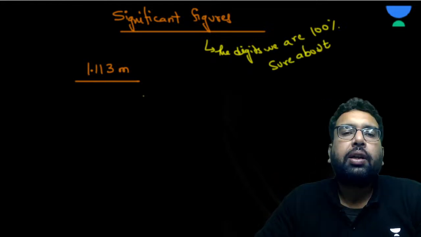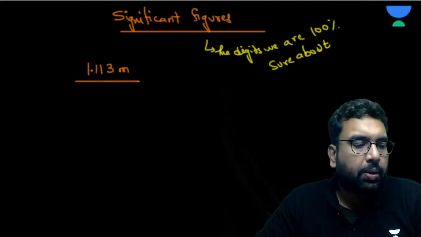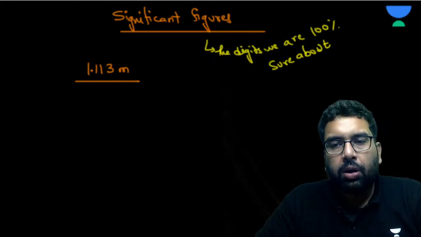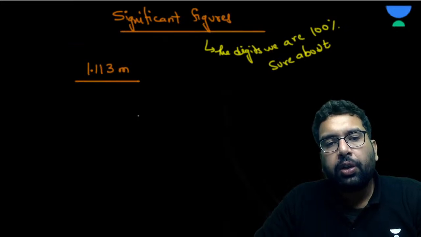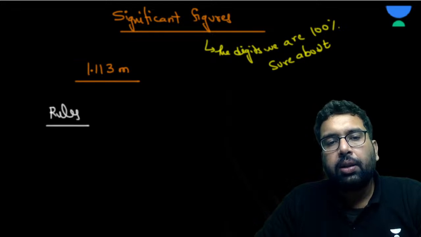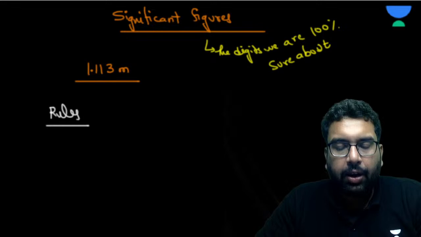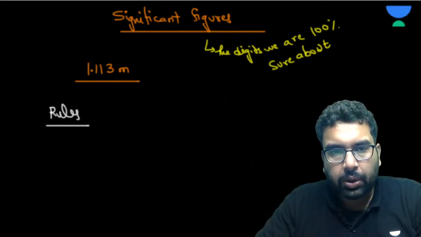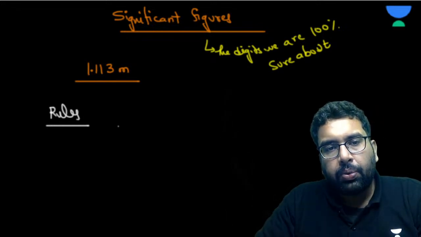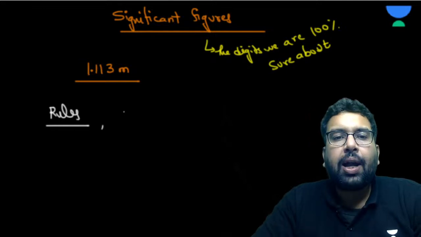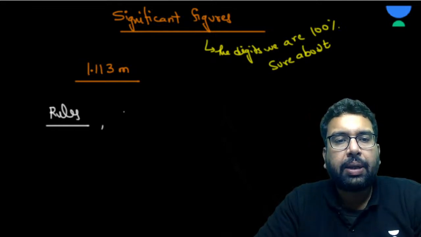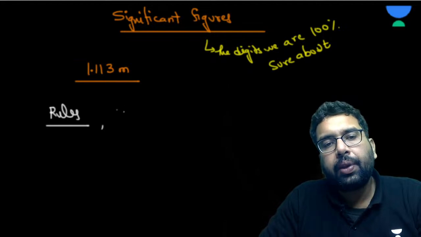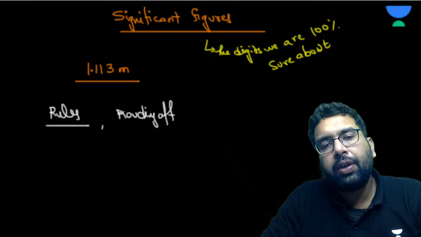Okay, so there are some rules of significant figures. When I talk about the significant figure, there are a few things from where the questions are getting asked. First of all, there are rules to find the significant figures. They can ask you what is the number of significant figures in any particular thing, so you must know that. After the rules, we move to the algebra of significant figures. That means rounding off: how do we round off the significant figures?